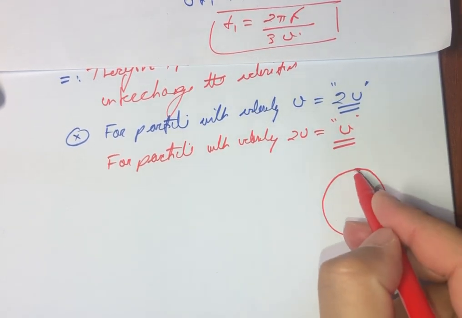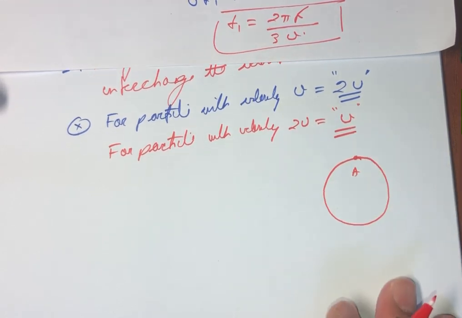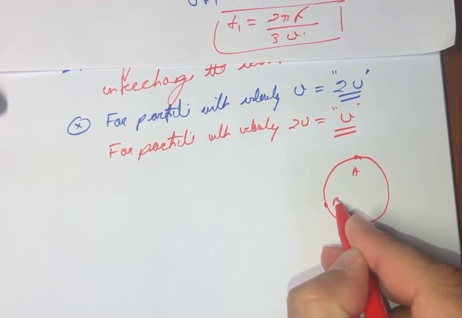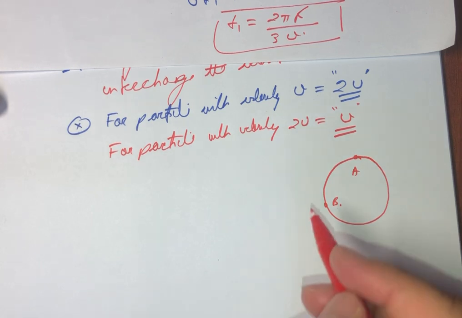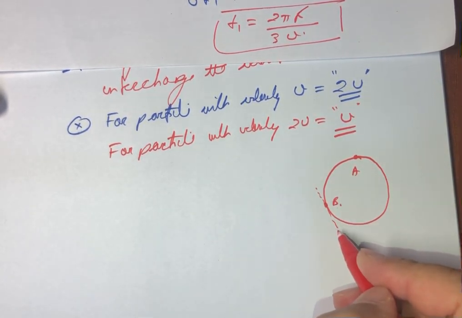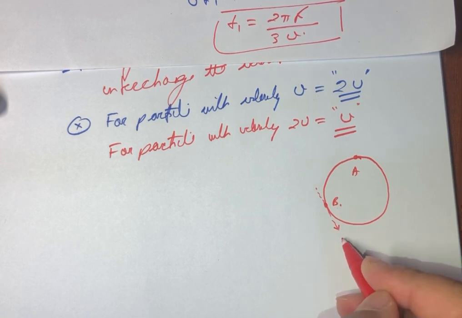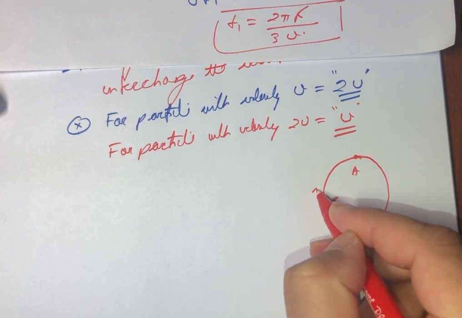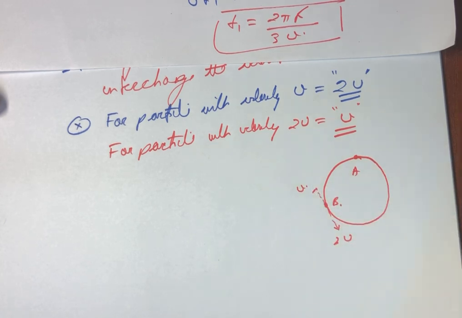So this was point A, now this is point B, and at point B the velocities have been interchanged. In this direction we are going to have 2v, and in this direction we are going to have v.